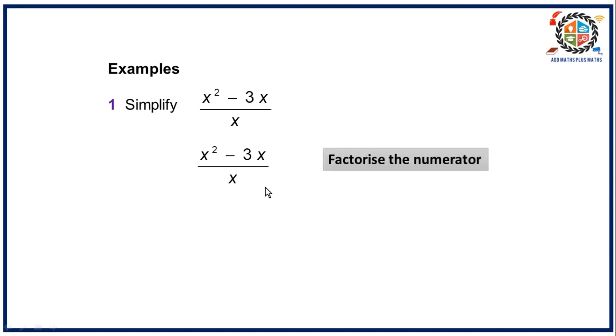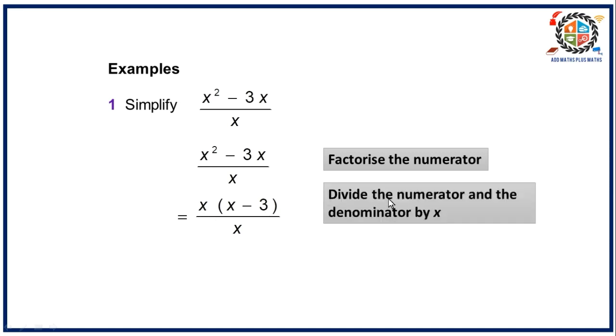So it will become x times x minus 3. Then I will divide the numerator and the denominator by x. x divided by x is 1. So I'll have 1 and 1, and you'll come up with x minus 3 as a simplified version of that algebraic expression.